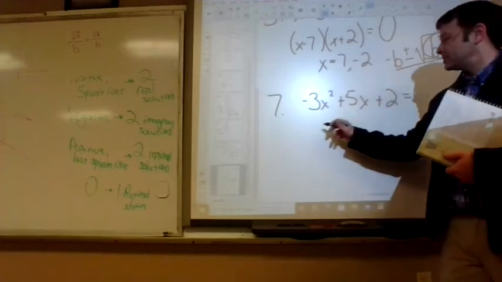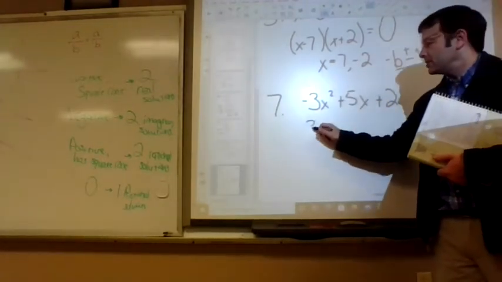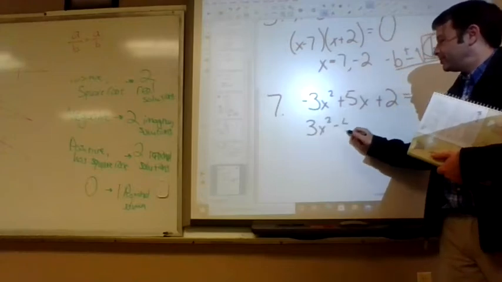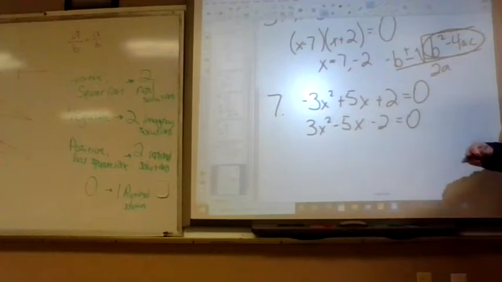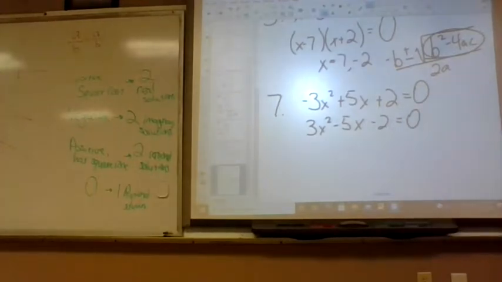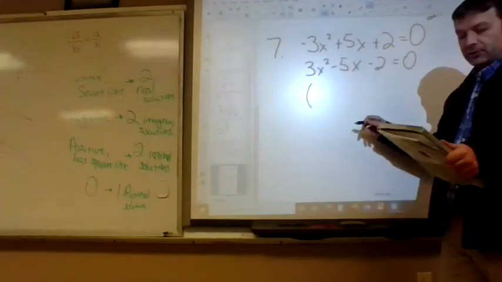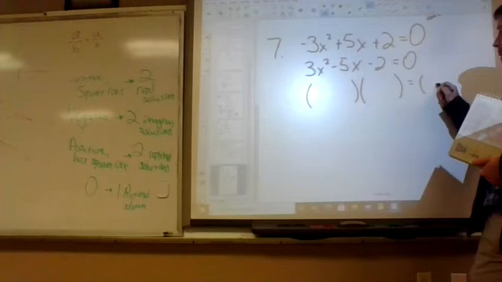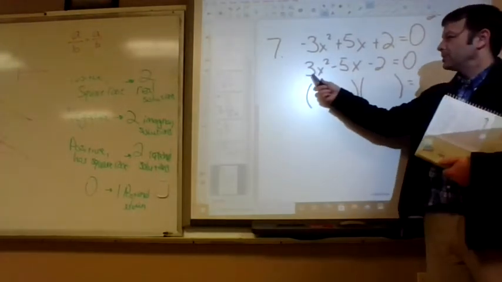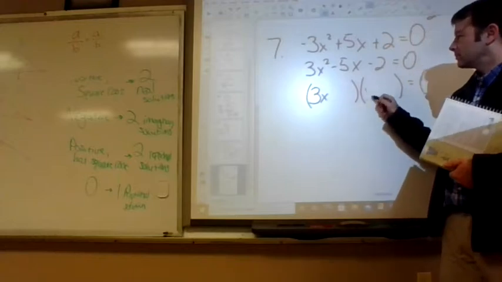This does factor. I'm just going to factor it. I don't want my first term to be negative though, so I'm going to multiply everything by negative 1. That'll make it easier to factor. So what goes on the front of the parentheses? What goes into 3x squared? 3x and x.